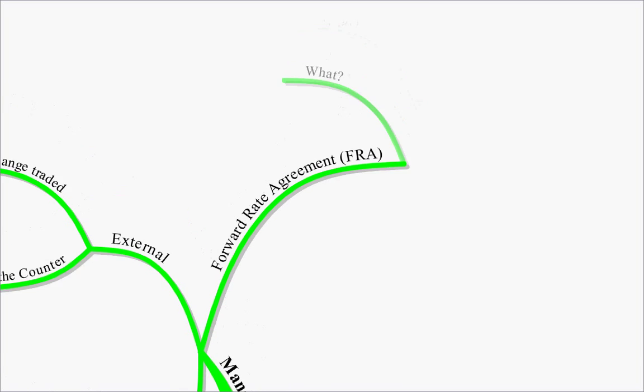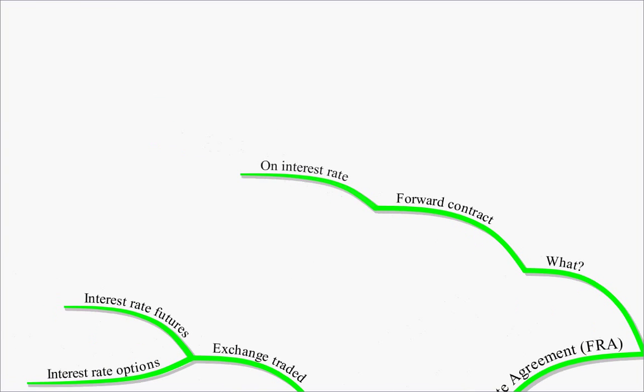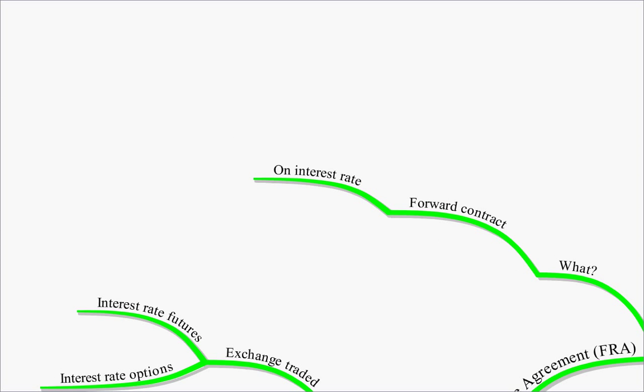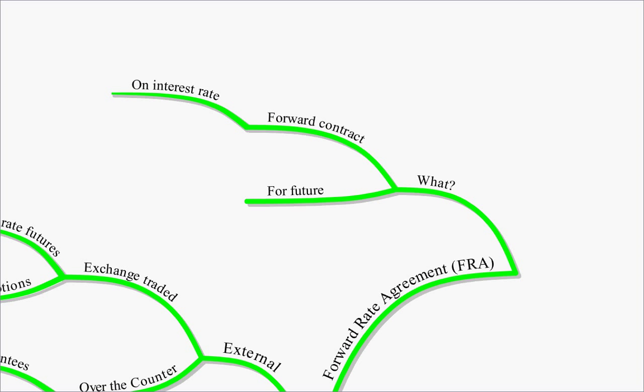The forward rate agreement. So what is a forward rate agreement? Well, it's a forward contract for an interest rate, same as our currency forward contract. It's for the future, and what I mean by that is that if you know that you are going to have to take a loan out in say 3 to 6 months, you can set the interest rate for that time.